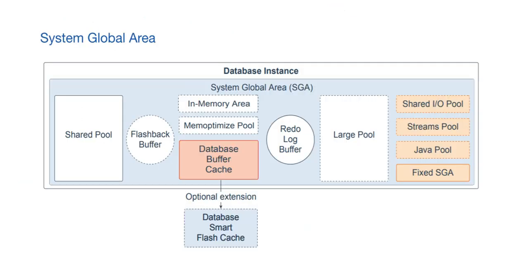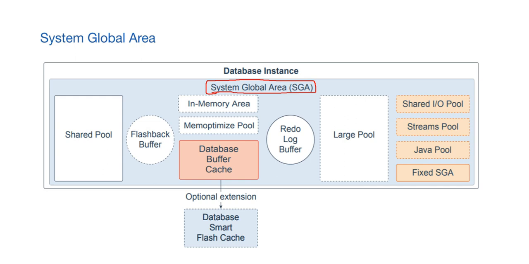Moving forward, system global area. In the past we have discussed the SGA component, and its subcomponents were shared pool, redo buffer cache, database buffer cache, large pool, Java pool, and multiple pools.